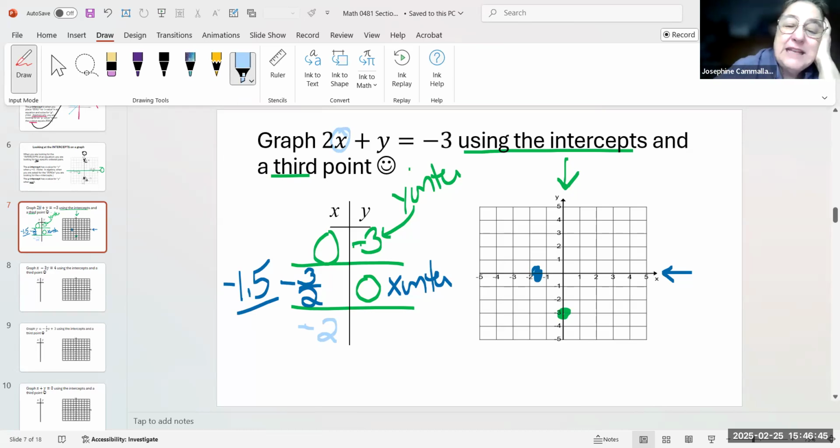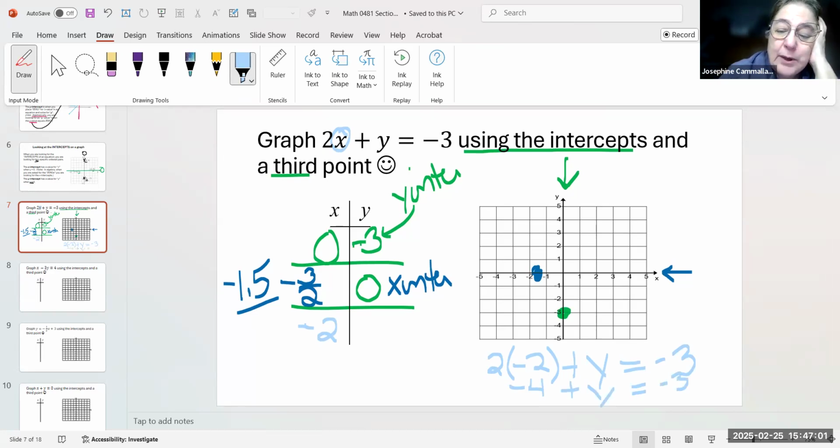Well, that means I have 2 times -2 plus y is equal to -3. Well, this is -4 plus y is -3. Now, if I add 4 to both sides, my y is 1. So -2, 1 should put me right here.